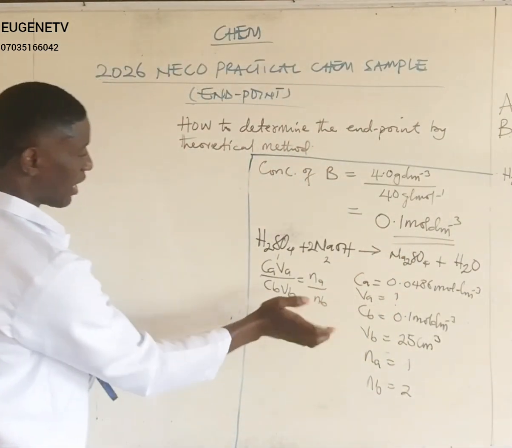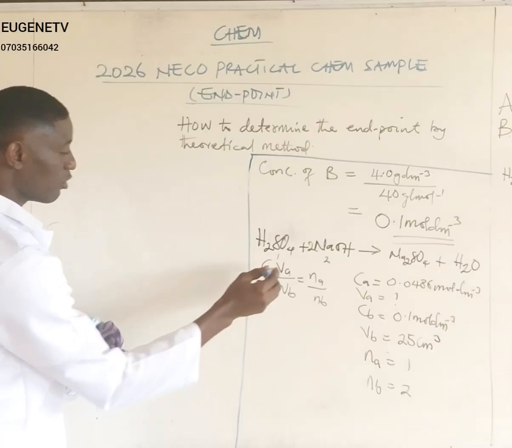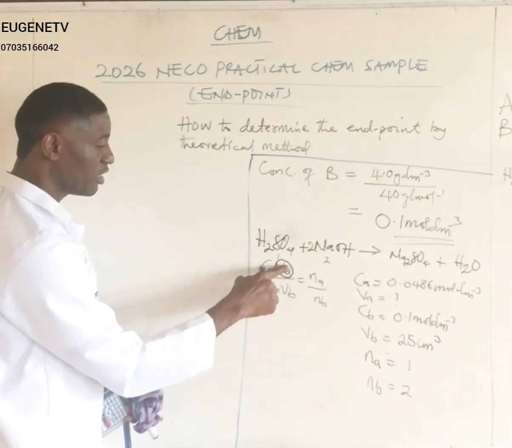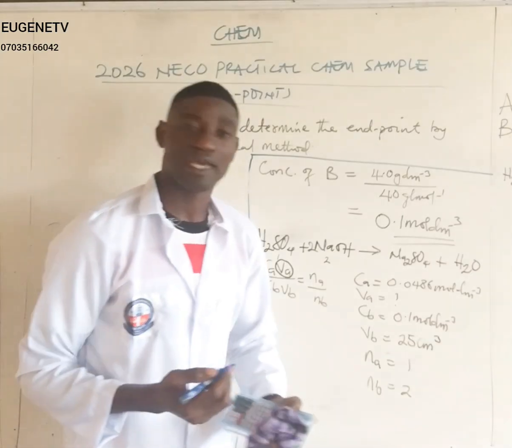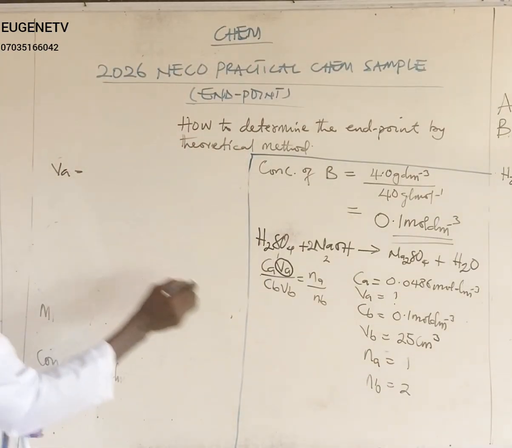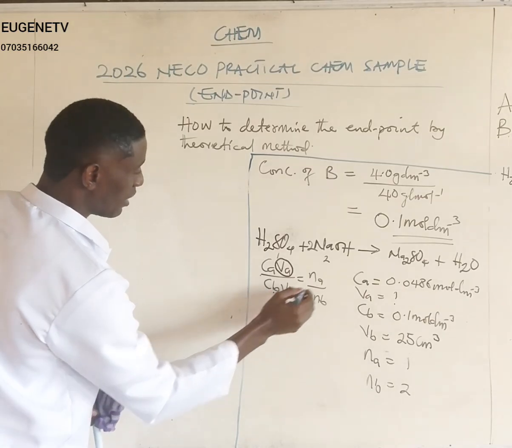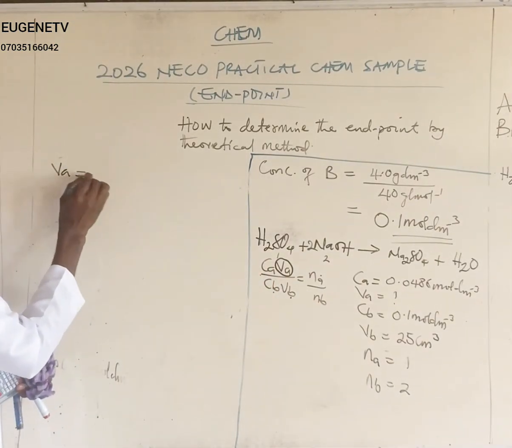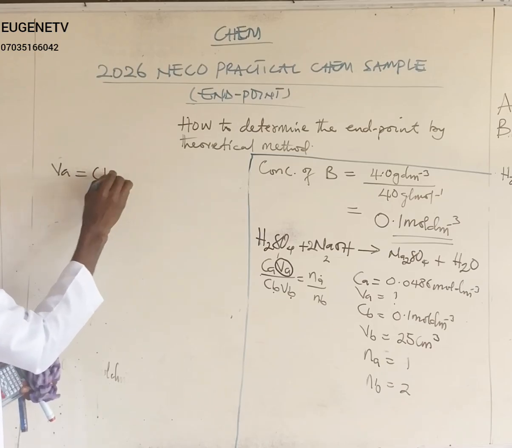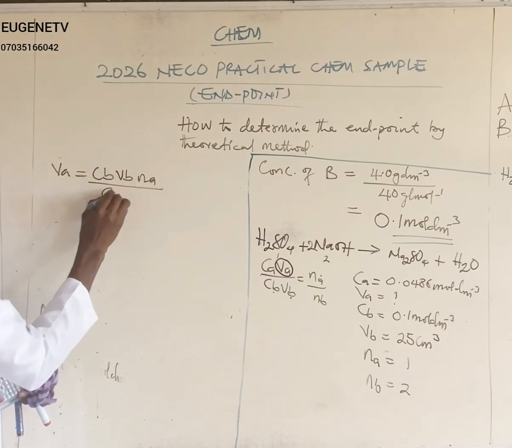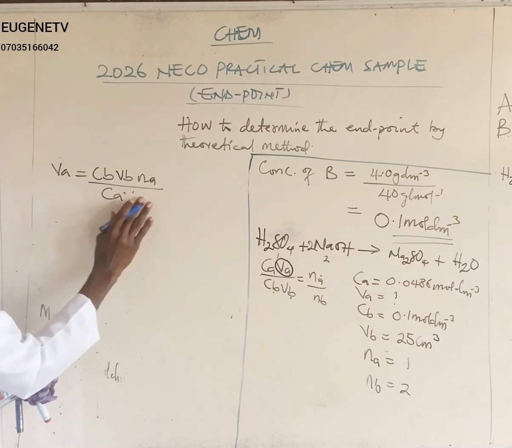Remember, we know everything here apart from Va, and by the time we are able to calculate the value of Va, we have gotten our endpoint. So Va is going to be Cb, Vb, Na all over Ca and Nb.